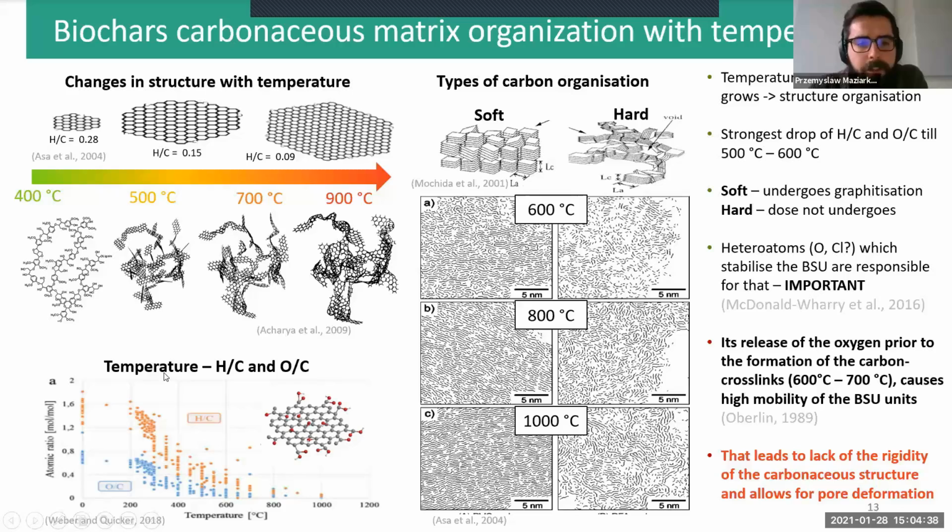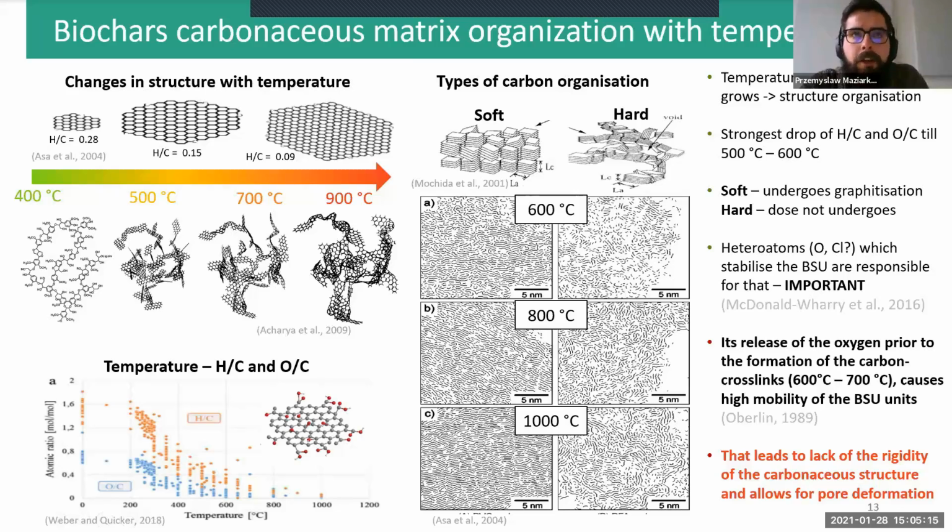When we see the changes in the H/C and O/C ratios, we can observe that up to 500-600 degrees, most of the oxygen is released from the structure. At this point most of the oxygen is released, but the H/C ratio's value is still getting lower along with the temperature.